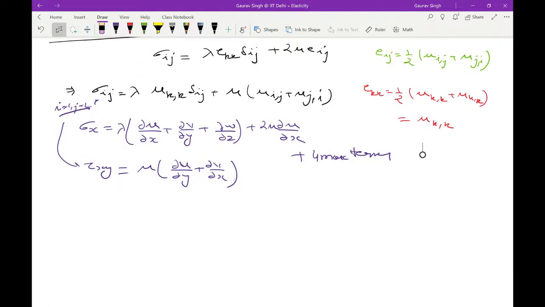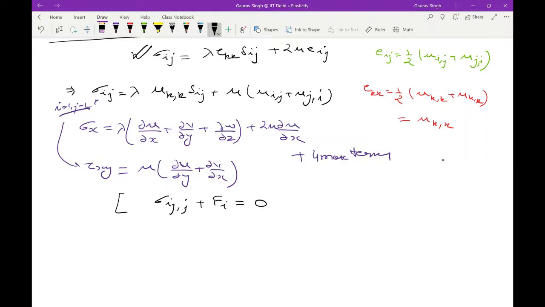Okay, so now we would want to use this relation in the equilibrium conditions. So let's write what the equilibrium condition is: sigma ij,j plus f_i is equal to 0. We want to use this in the equilibrium equation.